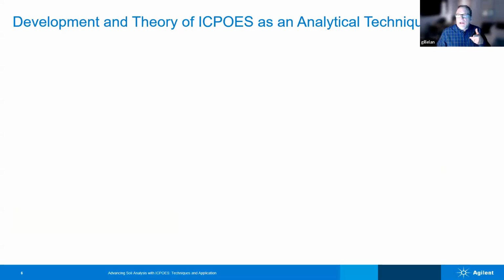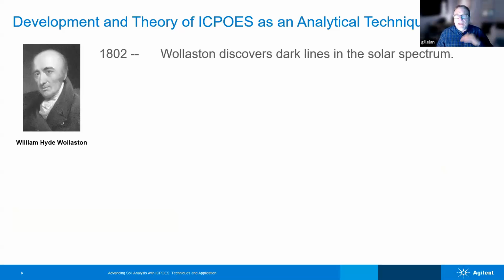After he had done his work, building on some of those things, William Wollaston discovered dark lines on the solar spectra. He postulated that this had something to do with the composition of the sun, but he didn't have advanced optics to the point where he could be certain.